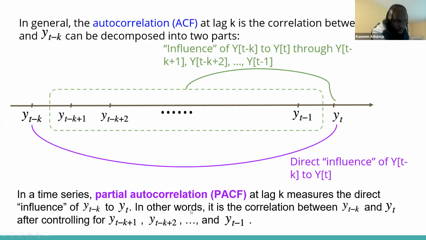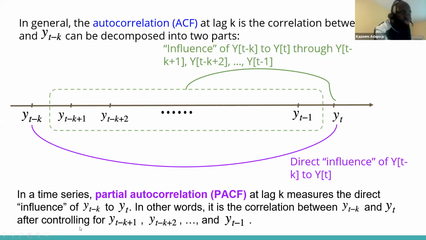In other words, it is a correlation between these observations that are k distance apart, but you have to put into consideration that I can only measure the direct connection between what I made in January 2019 and December 2019 by passing through February, March, up to November 2019.